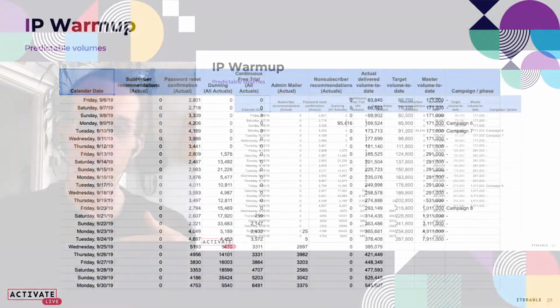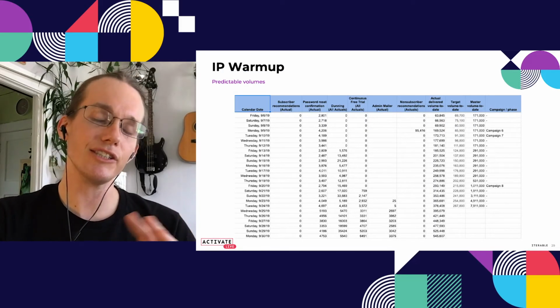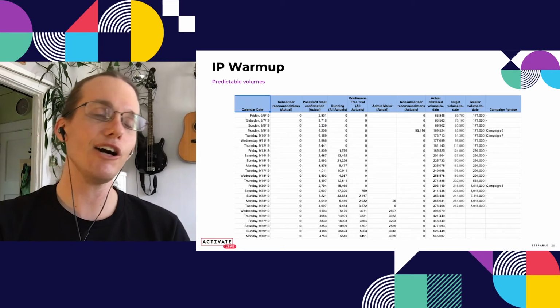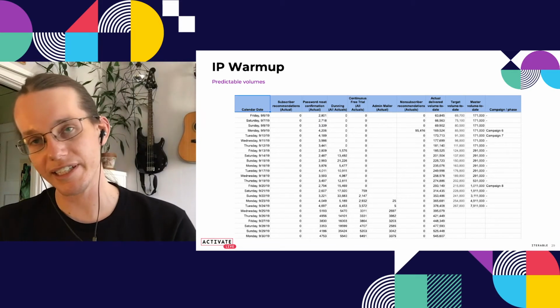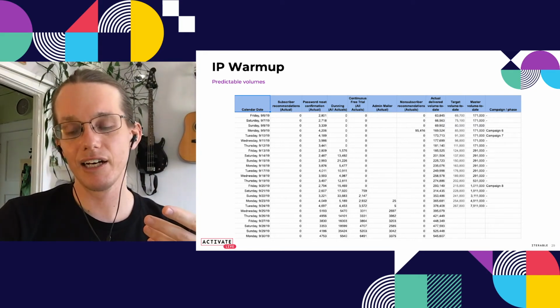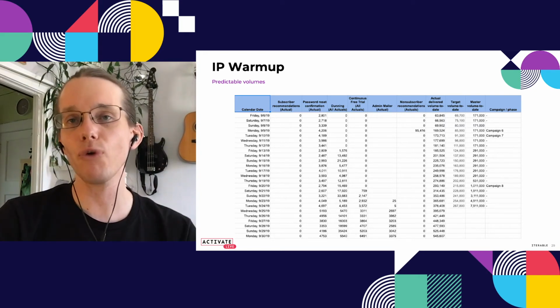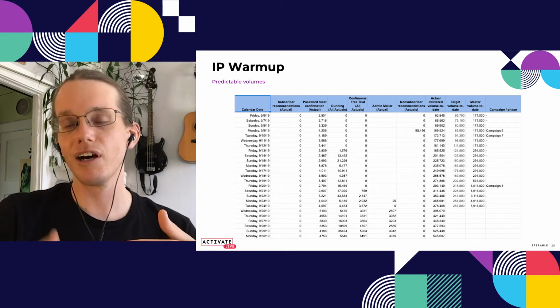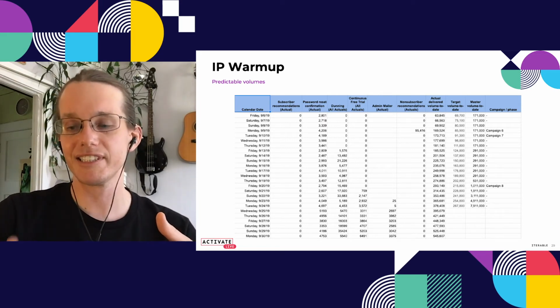But they provided the structure and the cadence for us and helped us understand the 250K, which comes bundled in Iterable, and get value out of that right away, and do the monitoring for us. So we just had to focus on warming up with these sends.